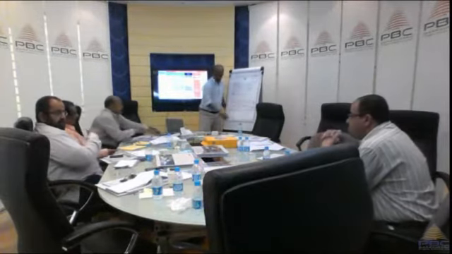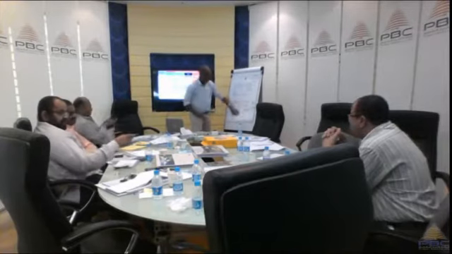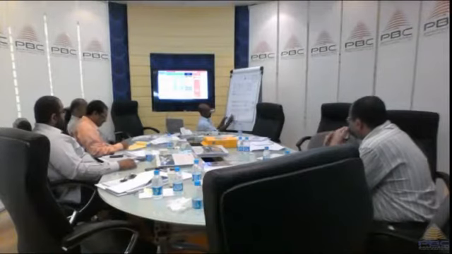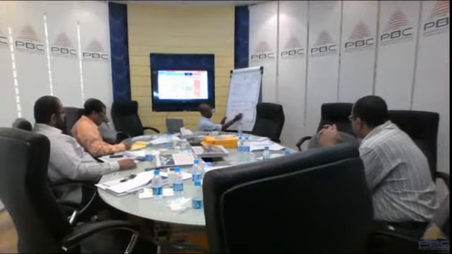Now, let's write down the equations here. We have a very important equation. SV equals earned value minus planned value. And CV equals earned value minus actual cost.